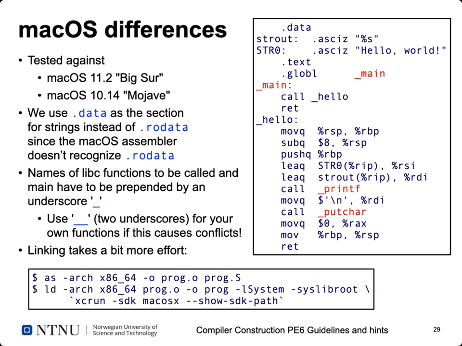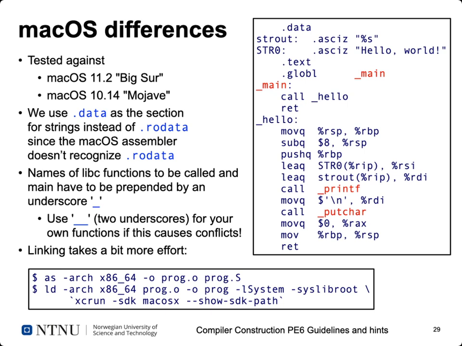And to find our system library, we pass -lSystem instead of -lc for the C library, and then we have to tell our linker where the libraries are located. So that's the parameter -syslibroot, and then we execute the command xcrun -sdk macosx --show-sdk-path. That essentially dynamically generates the correct path on your system to the location of your libraries.